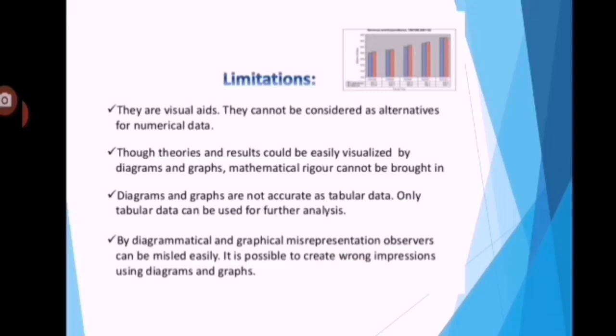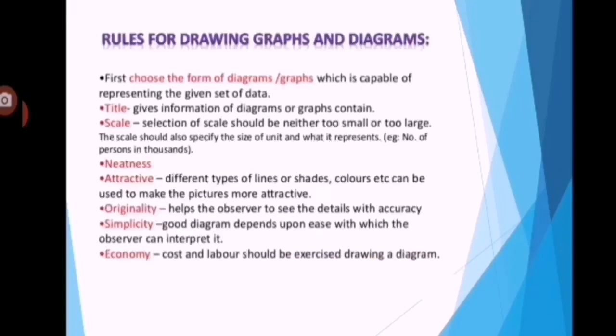Next we come to rules for drawing graphs and diagrams. The rules are given below. First, choose the form of diagram or graph which is capable of representing the given set of data.